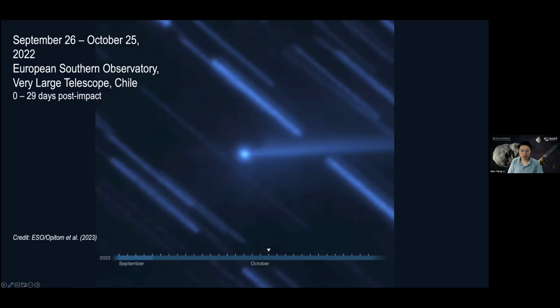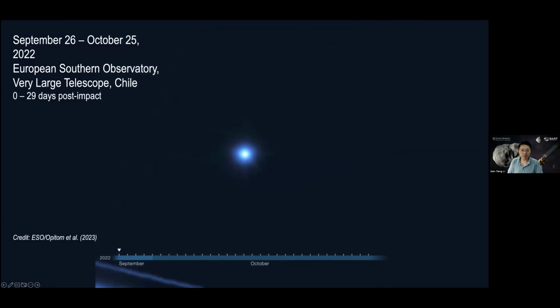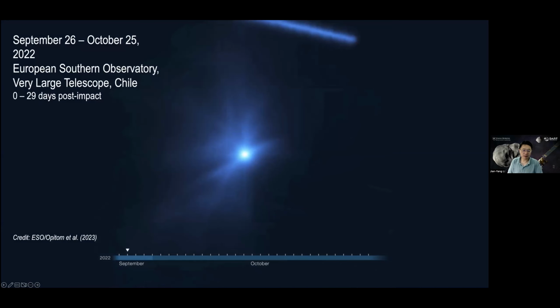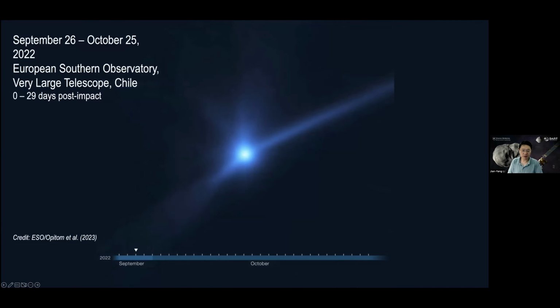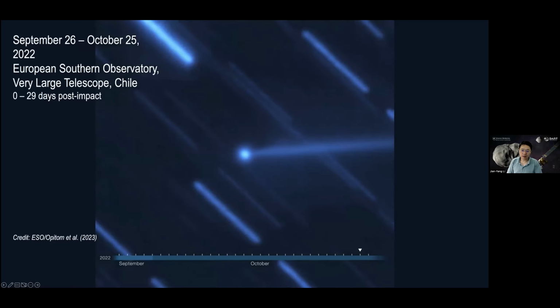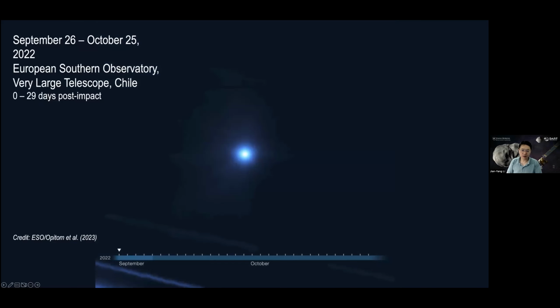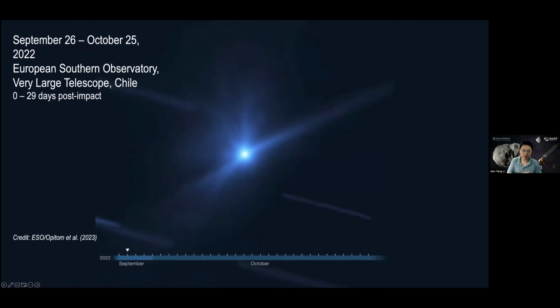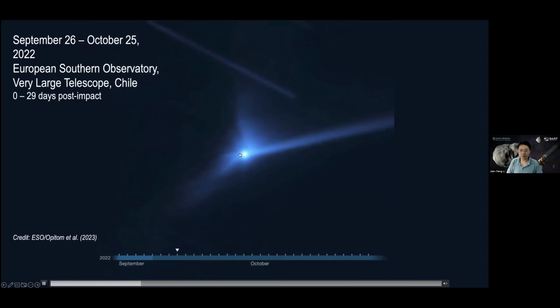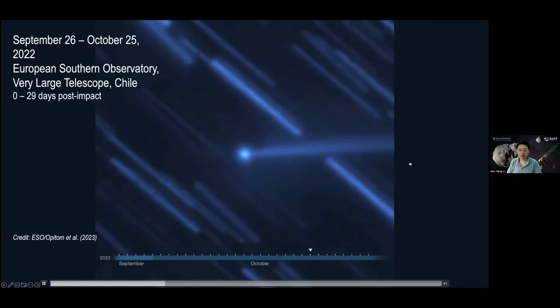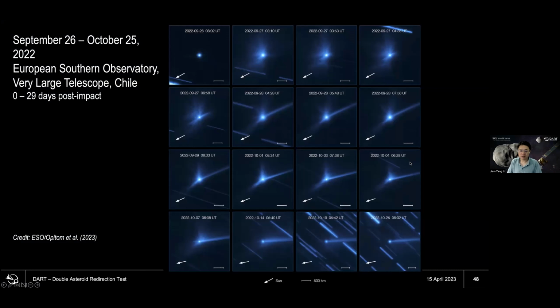So what you see here is also a sequence, and the ground-based telescopes have lower resolution than Hubble Space Telescope because we have atmosphere above us. But you can see similar structures. In the beginning, there's an ejecta cone coming out, then a rotating feature, and then everything pushed towards the tail. Right? So these are the same sequence, just frame by frame.